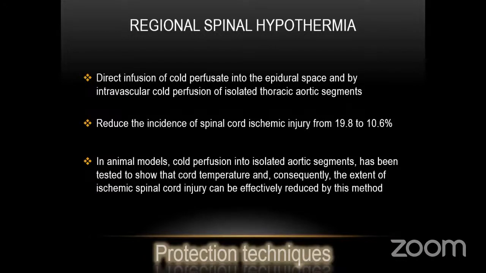In animal models, cold perfusion into an isolated aortic segment has been tested and shown that core temperature and consequently the extent of ischemic spinal cord injury can be effectively reduced by this method.